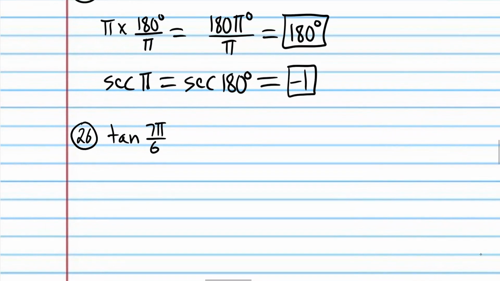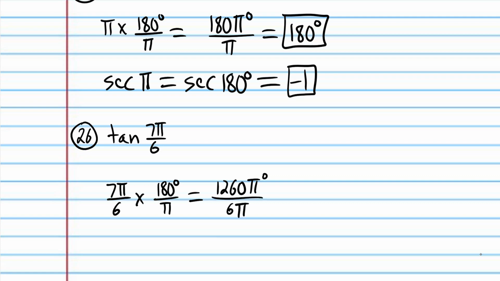All right, we're back. So 7 pi over 6. If we multiply, we get 1260 pi degrees over 6 pi. And 1260 divided by 6 is 210. So you have 210 degrees. And the pi's just cancel out.